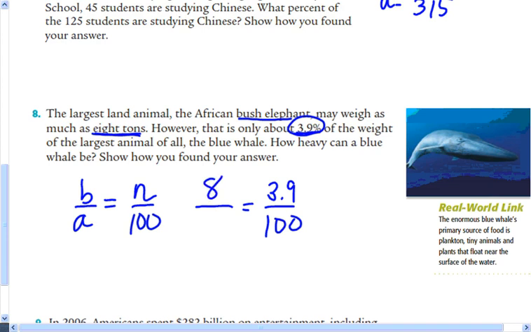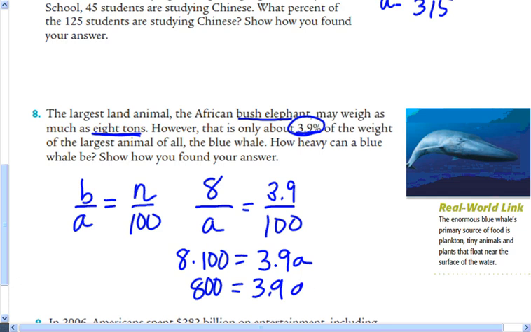So 8 is the part, and then A is the missing part. So we have to do 8 times 100 for cross product is equal to 3.9 times A. So 800 is equal to 3.9 times A.